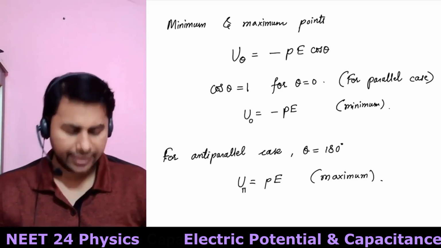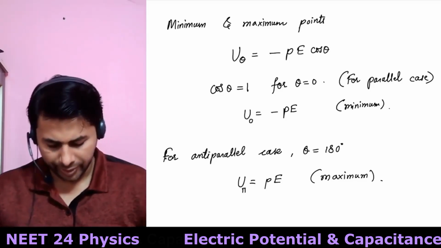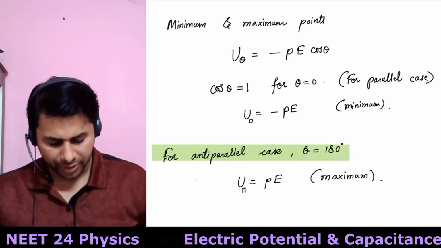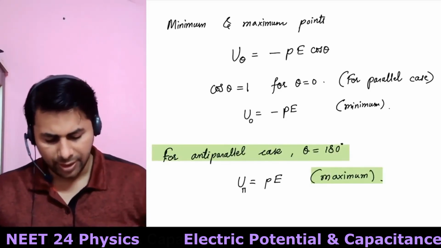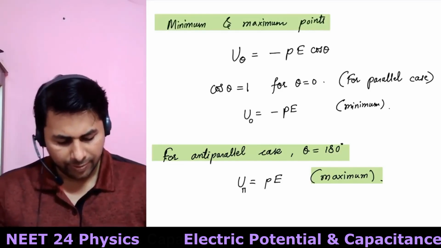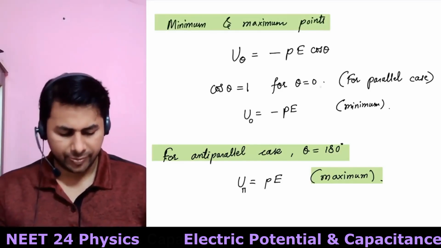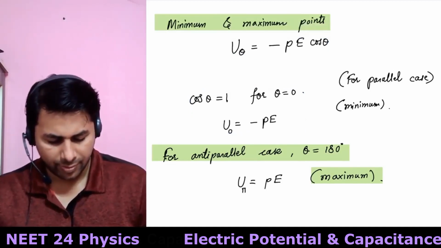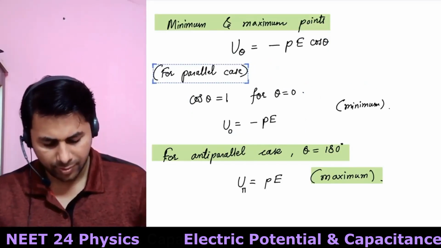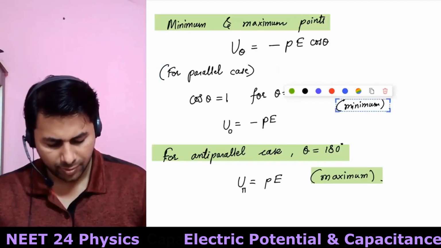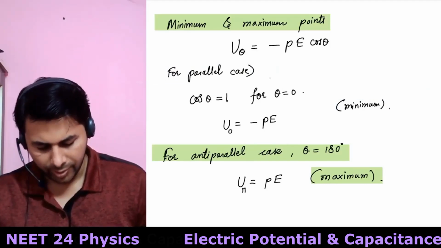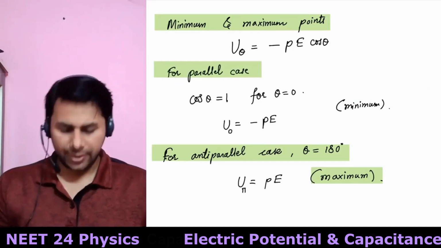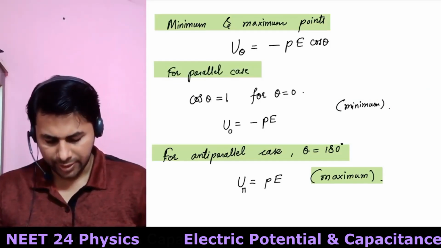This is 180, meaning pi, so this is U of pi. So for the anti-parallel case, the potential energy is maximum, and for the parallel case, it is minimum. So is this thing clear, or is there a doubt in this?